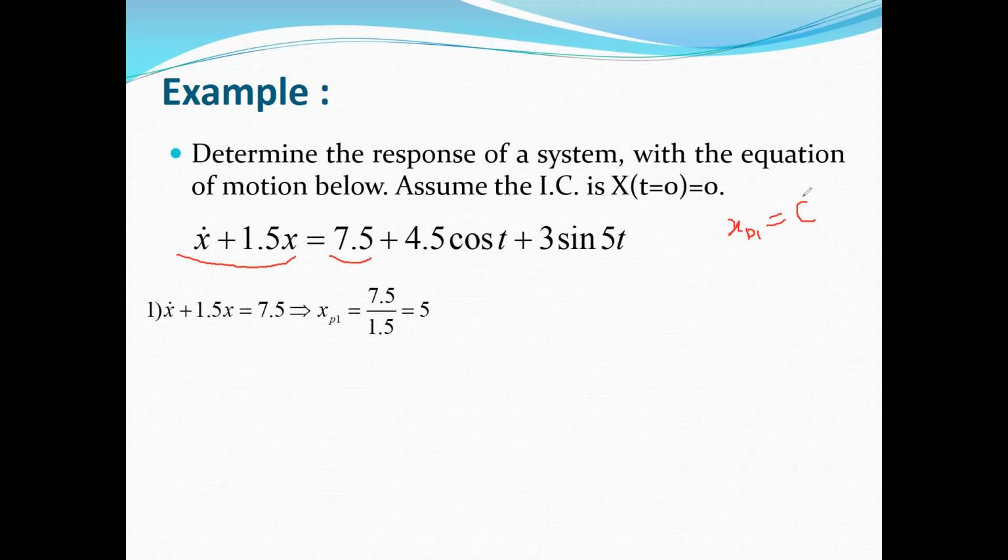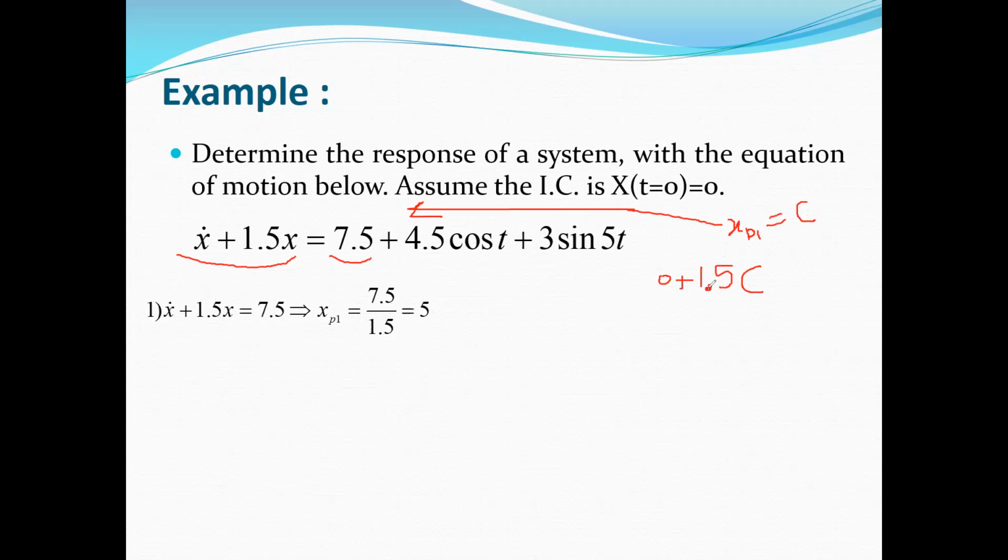Now we need to obtain the numerical value for c. We need to substitute xp1 into this main equation. The derivative of a constant value is 0, so it will be 0 plus 1.5 times xp1, which is c.